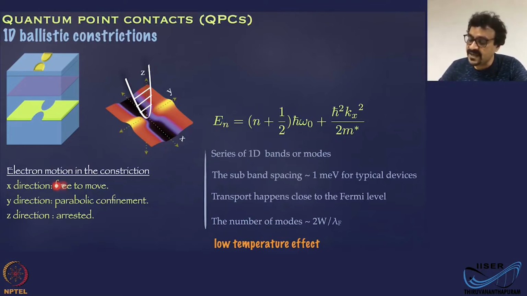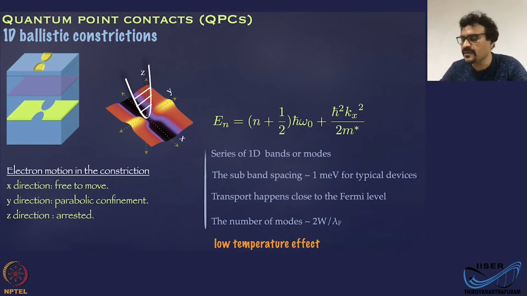So, the x direction, that is along this constriction, the electrons can still move, but along the y direction, there is a confinement which is nearly parabolic. May not be a perfect parabola, but you can approximate it to a parabola, which is pretty close to the practical situations as you see in the data in the coming slides.